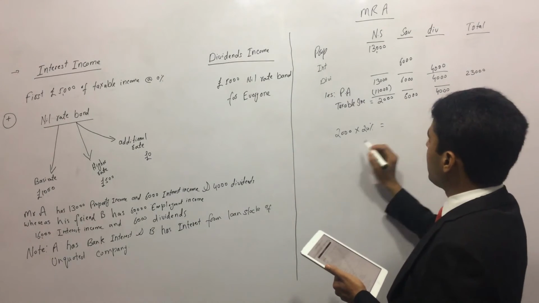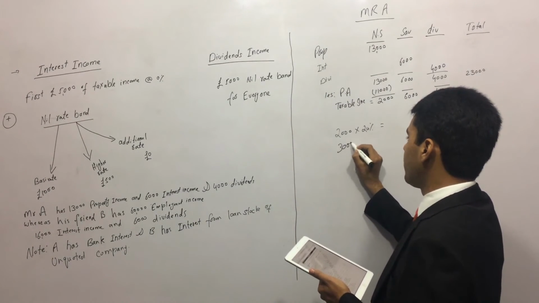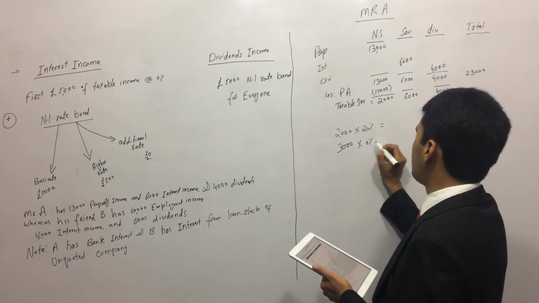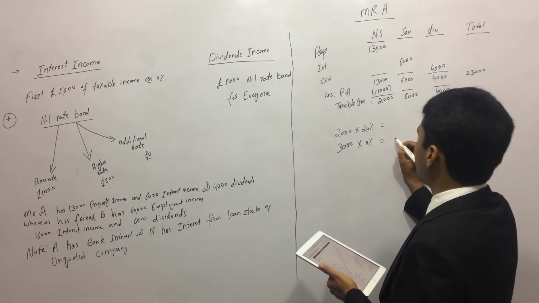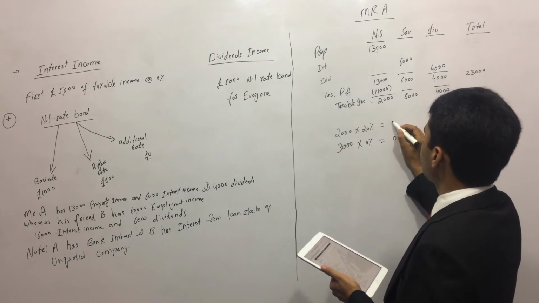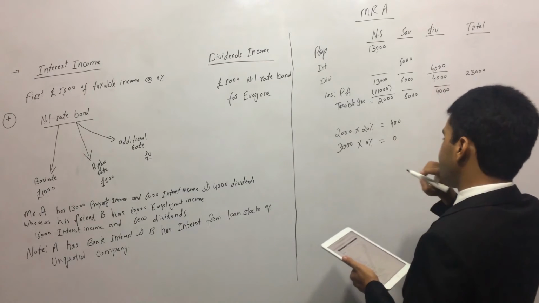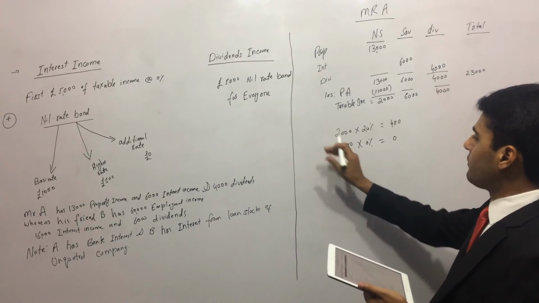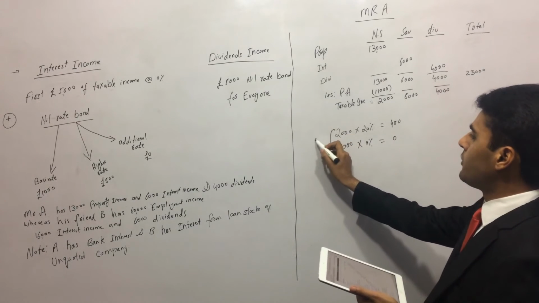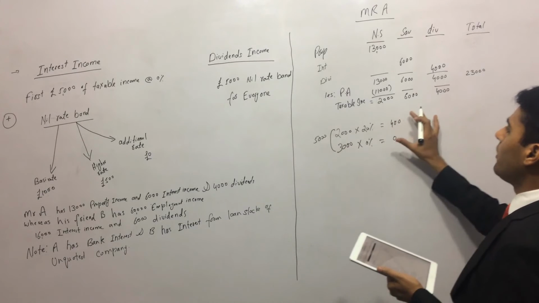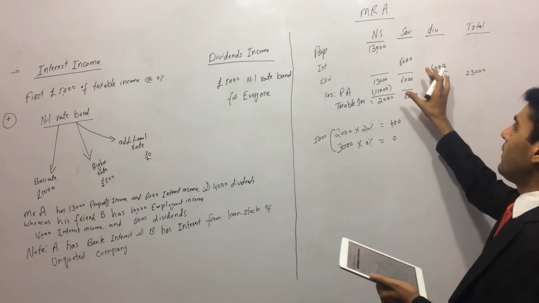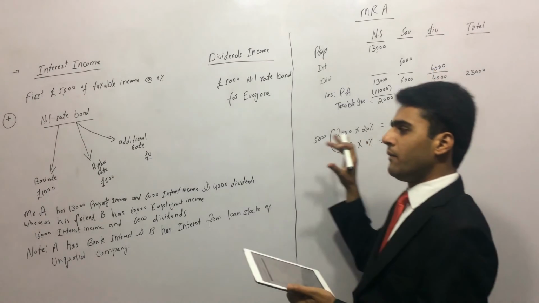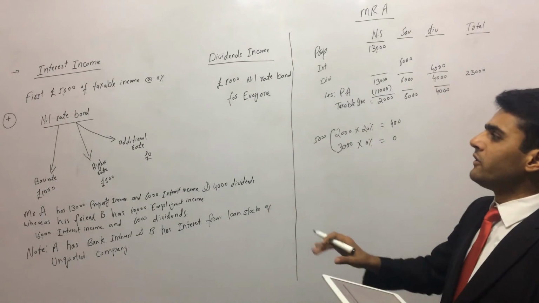So how much is coming? £3,000, I think, is coming in the starting rate band. So £3,000 multiplied by 0% will be 0, and that will be how much? £400 for the non-savings income. Now, why is £3,000 coming in the starting rate band? Because the total is £5,000. If any of the savings income is coming in the first £5,000, then the 0% rate will apply.